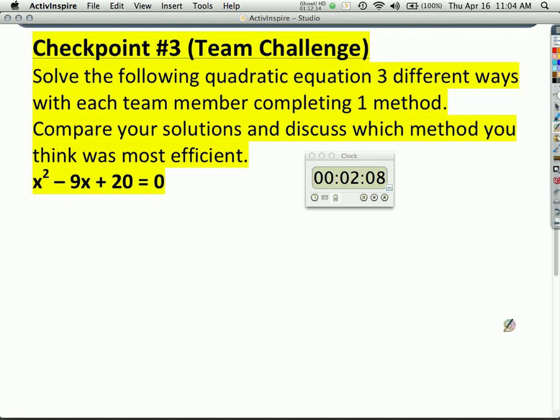Okay, what method did you use? What method did you use? We're going to use the square root, but that's correct. Okay, so pick a different method. What method are you doing? Good. You're going to do another method. Pick one other method. There's a graph, right? There's only 1, 2, 3, 4.